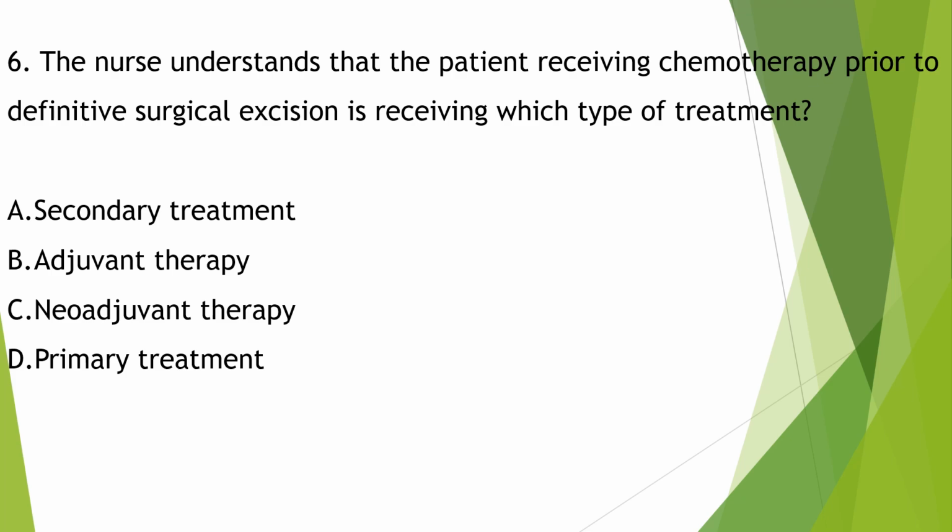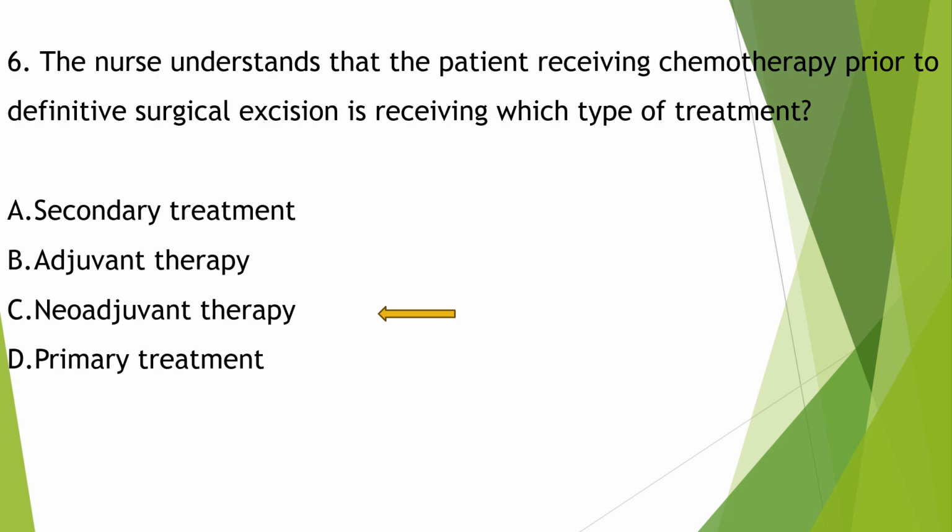Neoadjuvant therapy means a therapy that is used to shrink the tumor prior to definitive removal or destruction. Here, prior to the surgical excision we are giving chemotherapy to shrink the tumor, and that is known as neoadjuvant therapy. So the answer here is neoadjuvant therapy.